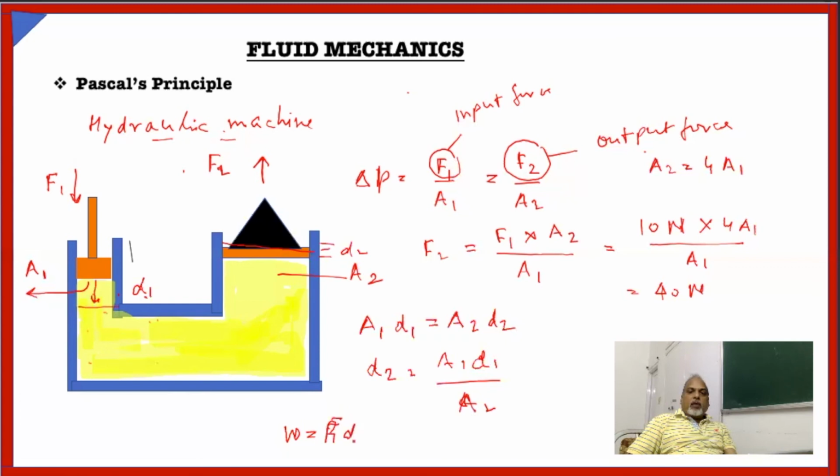Work done: F1 D1 must be equal to F2 D2. So for having the same work done, input work done is the same as output work done.